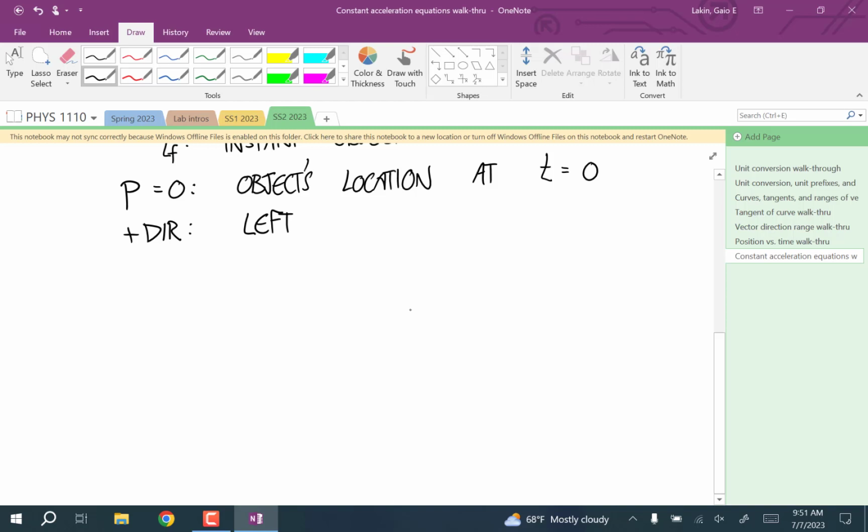So if you want to see this in a drawing, the object is going from here to here. This distance is 15 meters.